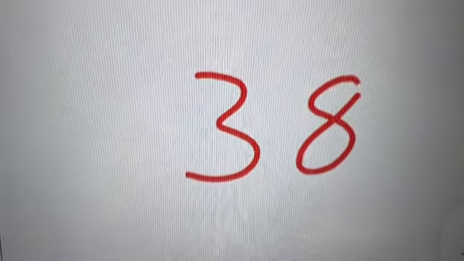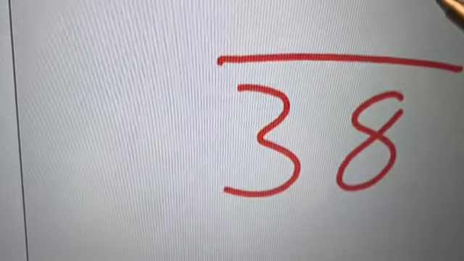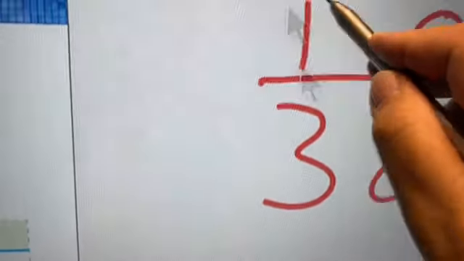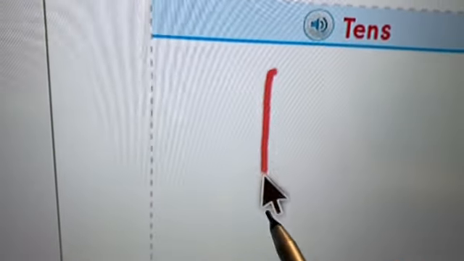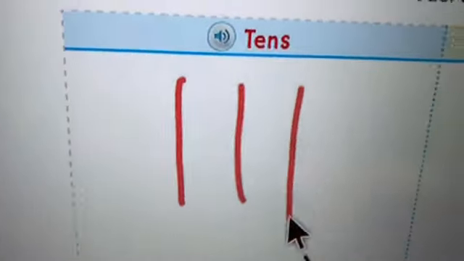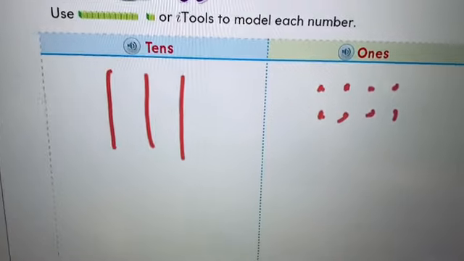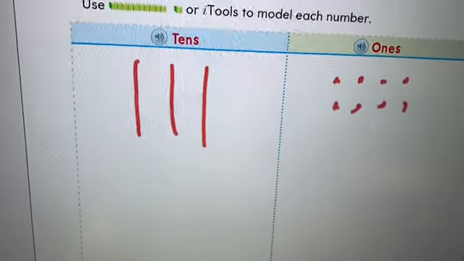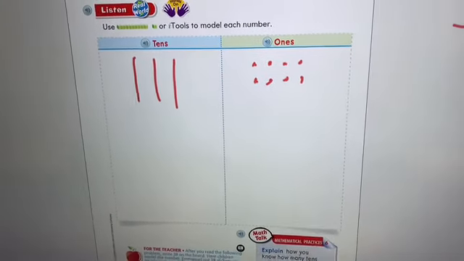And the 3 goes in the tens department. Let me put an O for 1 and a T for 10. Can I make these for the tens? Nope, I've got to make the sticks. 1, 2, 3. So 38 is 3 tens, 8 ones. All right, and we're going to continue on with that through the remainder of this lesson.